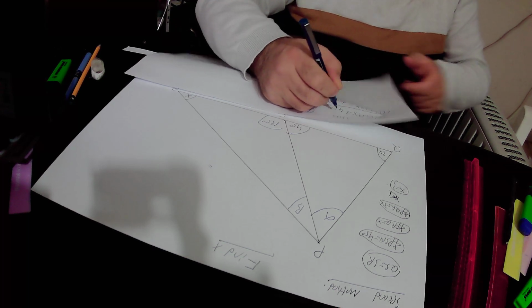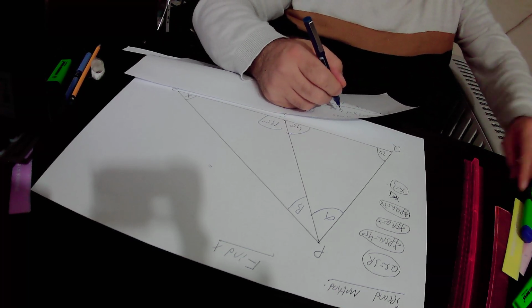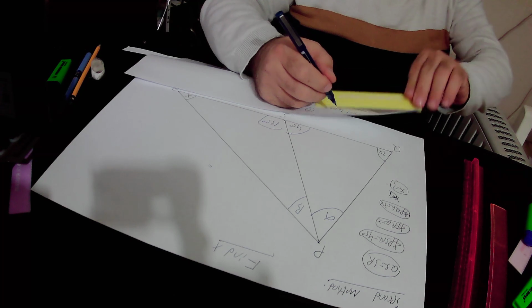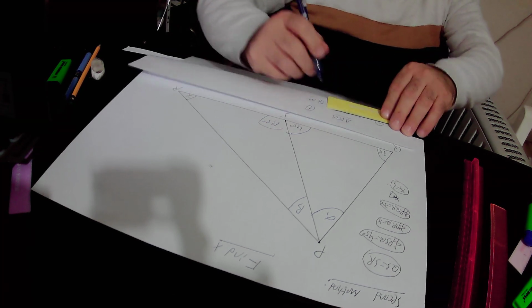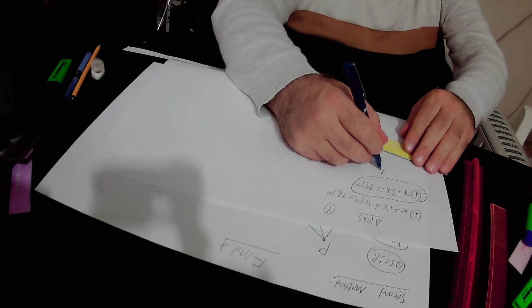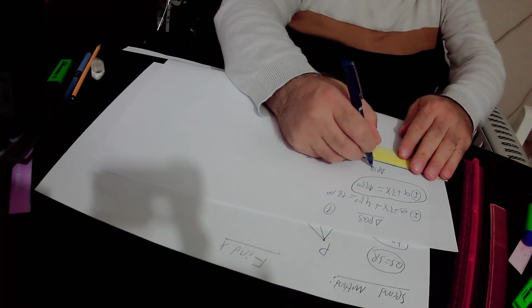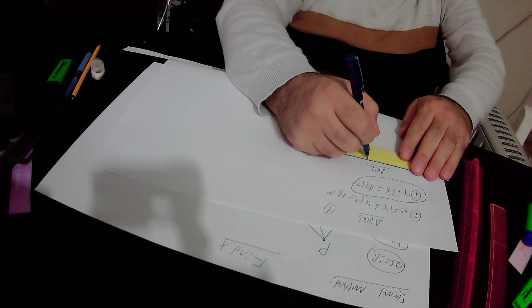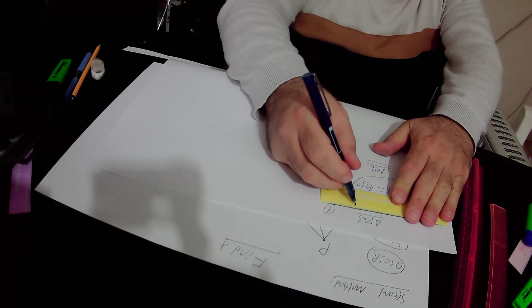We will do the same process on the other triangle, triangle PSR. On triangle PSR, we also note that the sum of its angles must be equal to 180 degrees.